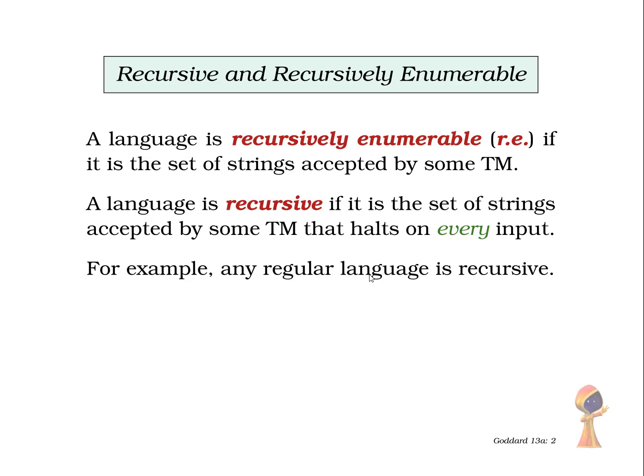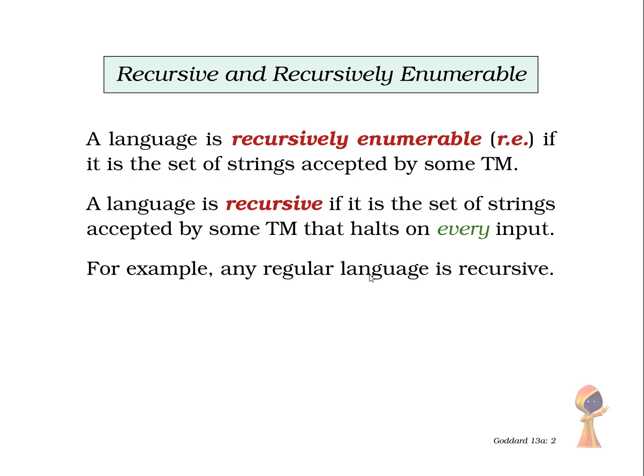Now, let's revise this one more time. Recursively enumerable is a language for which there is some Turing machine that accepts its set of strings. But it's recursive if and only if it halts on every input.